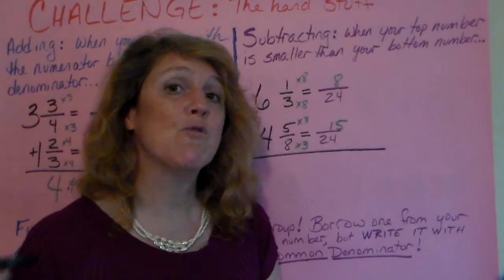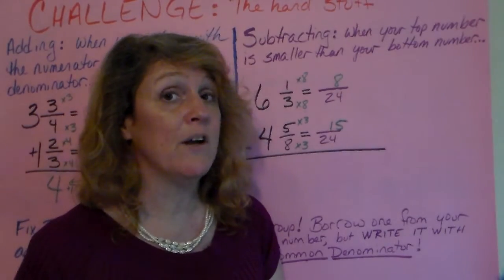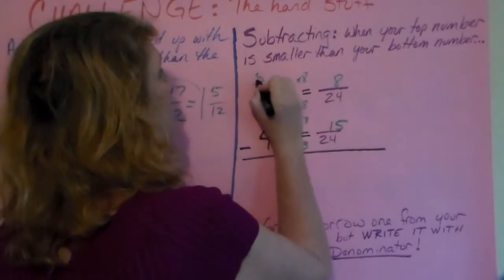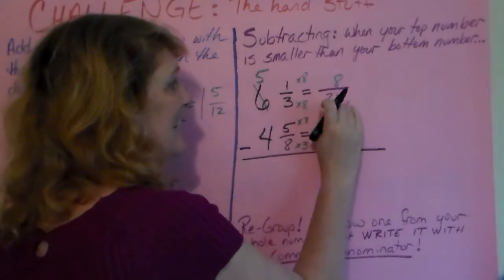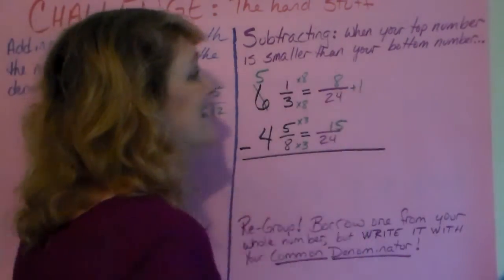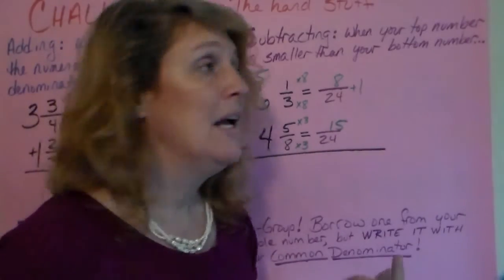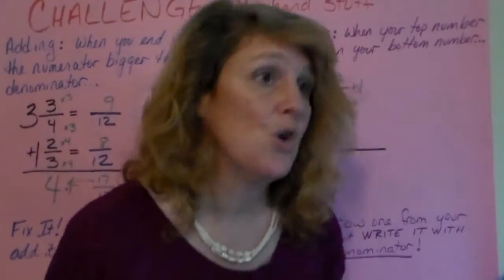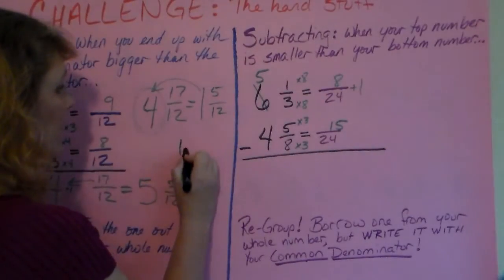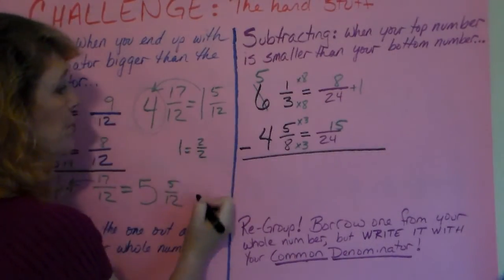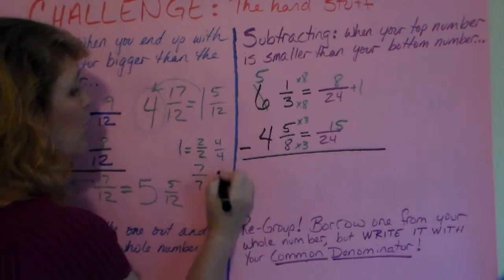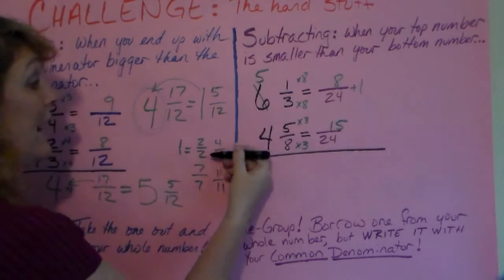Means I have to regroup. I have to borrow 1 from the 6. When I borrow 1 from the 6 to make that 5, I have to add it to this. But I don't want to say plus 1 because that doesn't help me. What I need you to understand is that when you're talking about fractions, 1 equals 2 over 2, or 4 over 4, or 7 over 7, or 11 over 11, whatever.